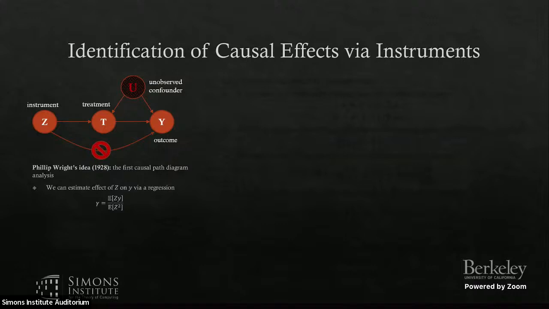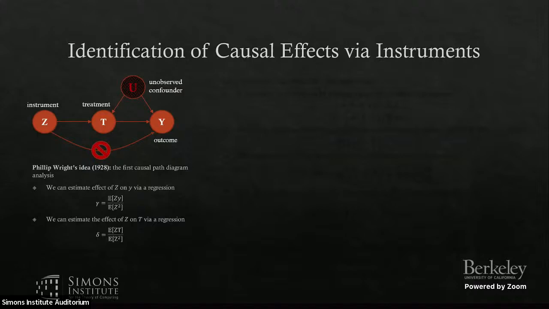This quantity over here is the outcome of a regression between the instrument and the outcome, just the covariance divided by the variance of the instrument. So that's the effect of going from z to y.